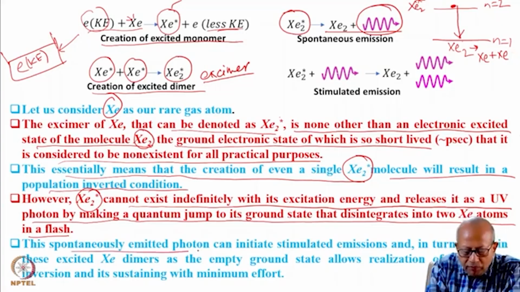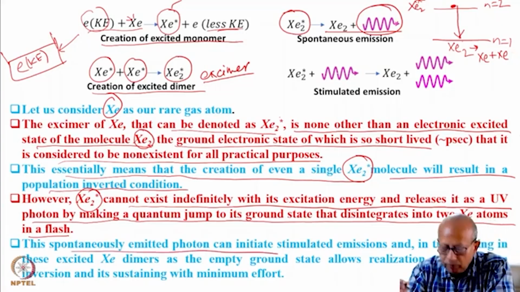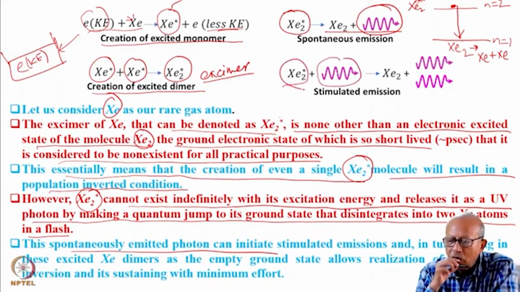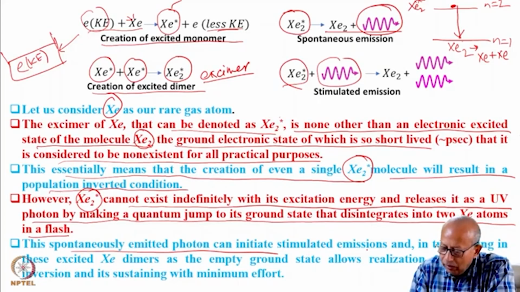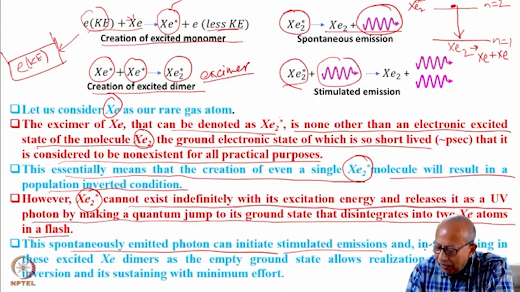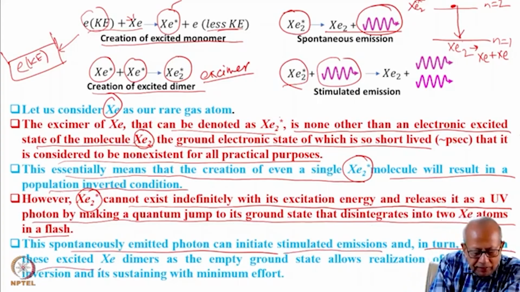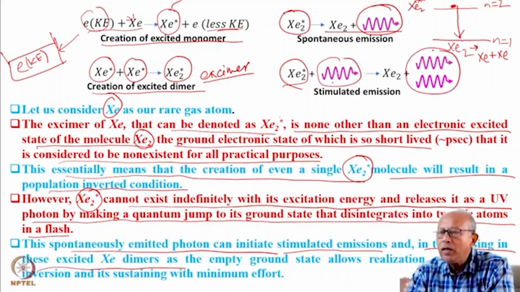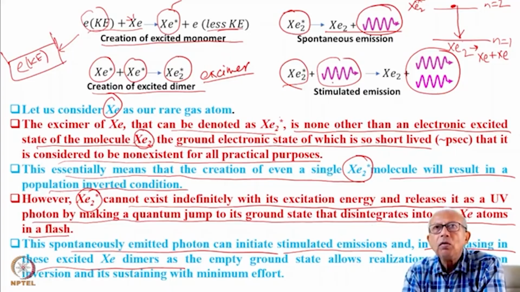This spontaneously emitted photon can initiate stimulated emission. Now it will stimulate another excited xenon molecule, stimulated emission, and in turn lasing in these excited xenon dimers. So from one, you will create two identical photons. They will stimulate two more xenon molecules in the excited state.